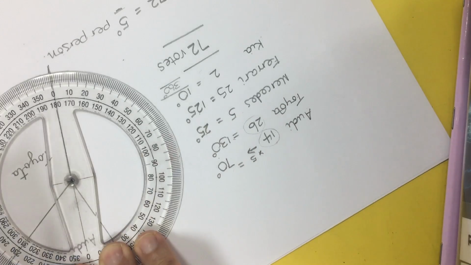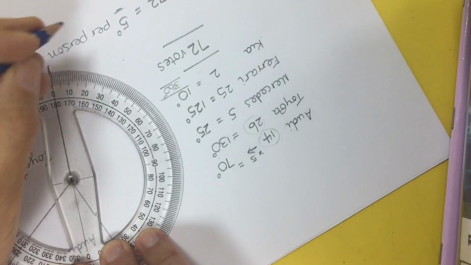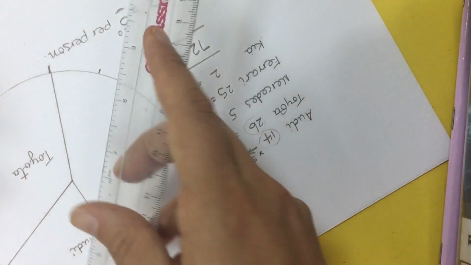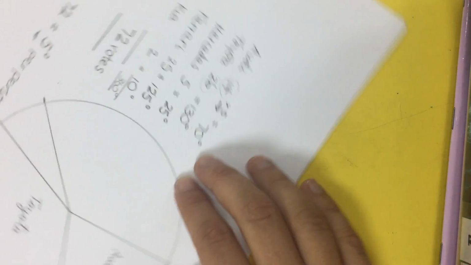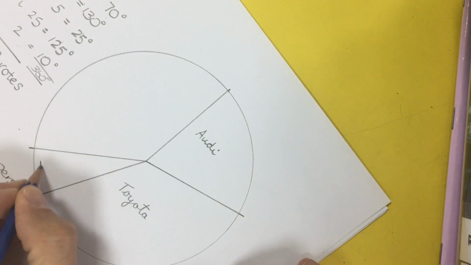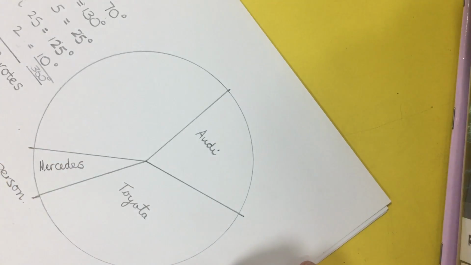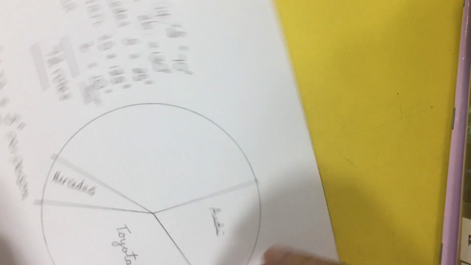It was only worth 25 degrees, but round we go, 10, 20, and halfway between 20 and 30, 25. It's just going to be a small piece of pie for Mercedes. And just so I don't forget, let's write it in quickly before we move on to the next one. There's Mercedes done. And then we've got Ferrari, which is a nice big chunk of 125.